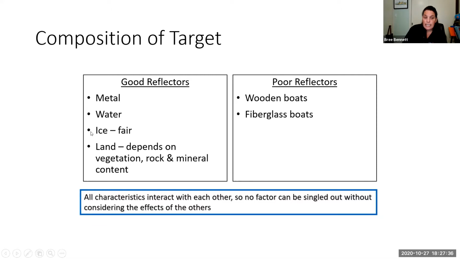If you guys are doing any ice navigation, ice is on here as a good reflector, but it is more of a fair reflector. It is very hard to see ice and bergy bits at night. We would use, what are they called? Night vision goggles to try to see different ice on the water, because it was very hard to detect.